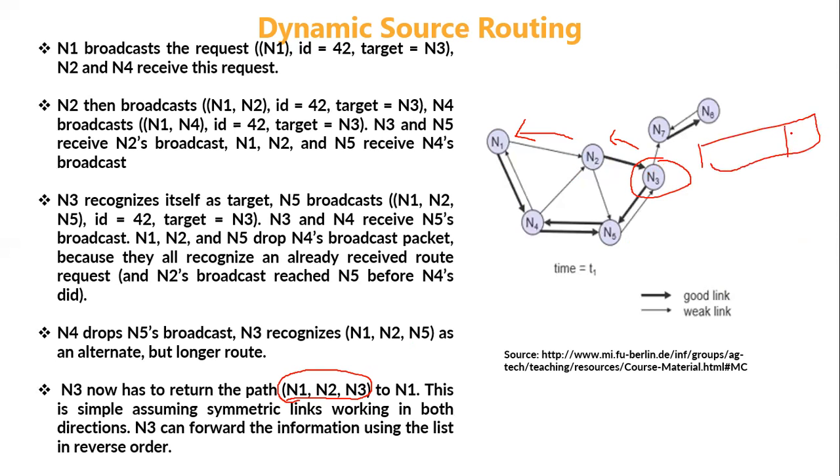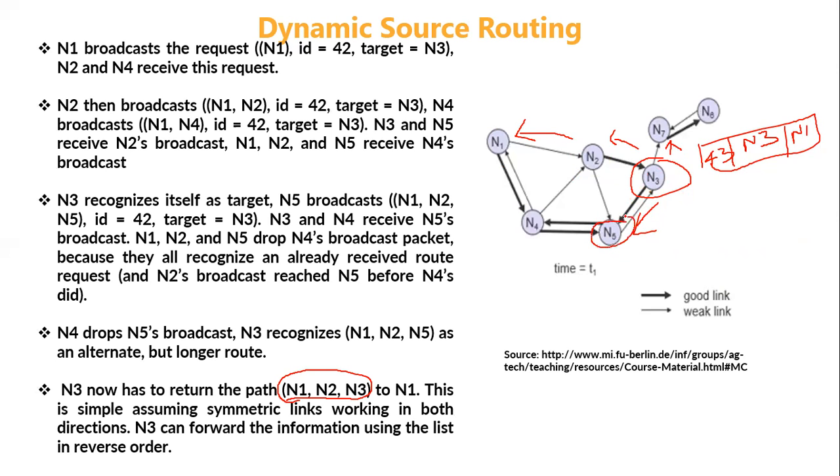Initially it is starting with only N3, and it may give some ID, maybe 43. This will go to N7 and N5. It won't go to N2 because there is no path. So again the algorithm will continue.